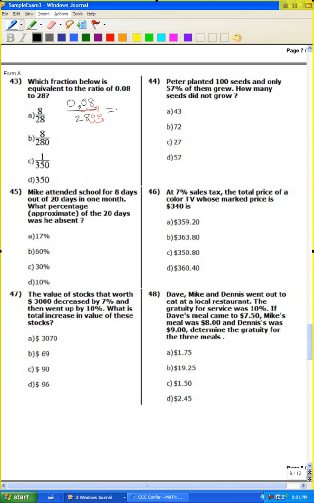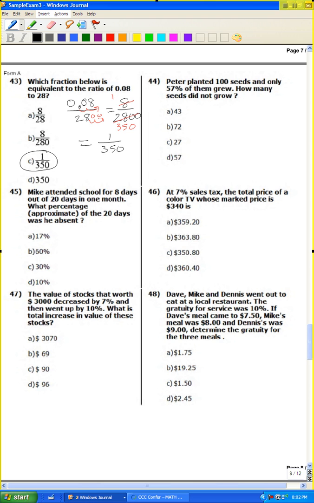And so 8 over 2800. Let's divide each of these by 8. So that'll be a 1, and that's going to be a 350. So this is equal to 1 over 350. So the answer is C.